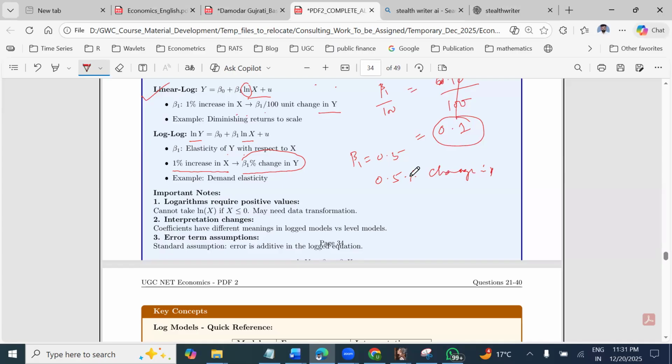So you have to remember some basic things, because we are talking about the transformation. Logarithm requires positive values only. For a negative number, you cannot transform into logarithm. Yes or no? Yes. Sangeeta, you know this? No, sir.